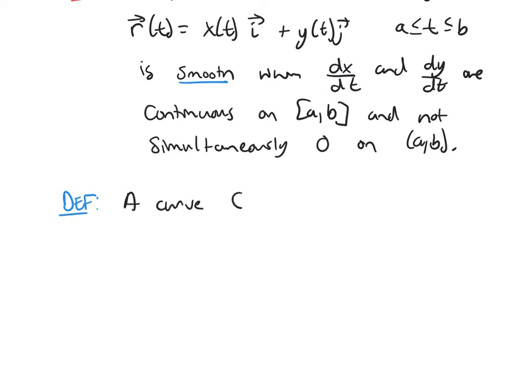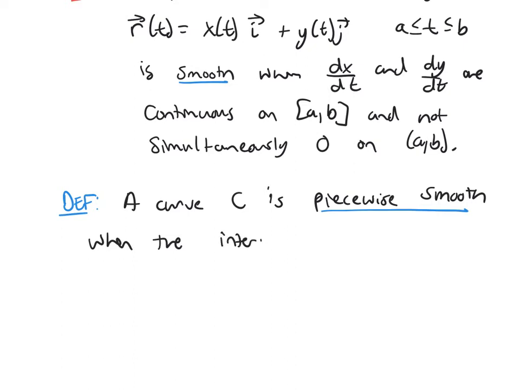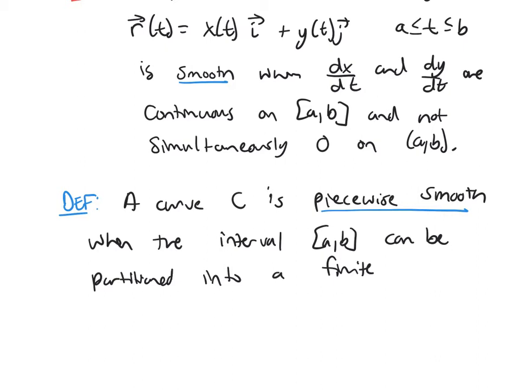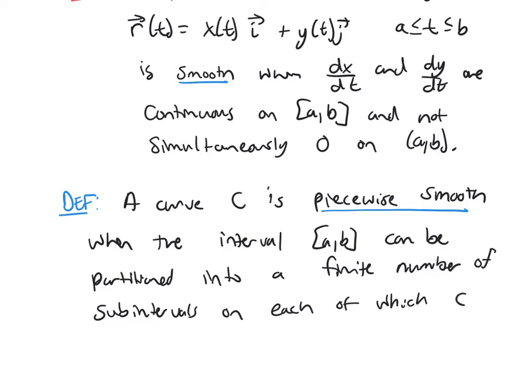A curve C is piecewise smooth when the interval a to b can be partitioned or broken up into a finite number of subintervals on each of which C is smooth.